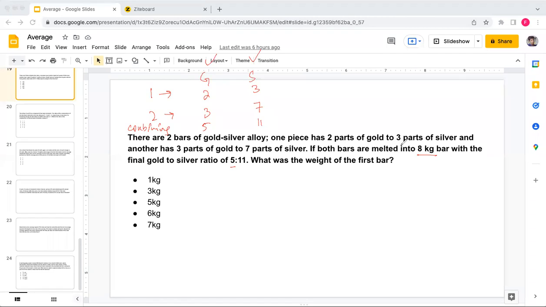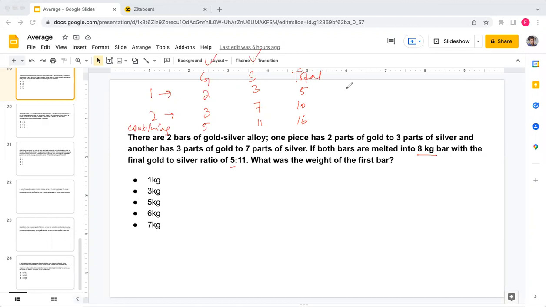What does this mean? Out of total 5, total 10, and total 16. Out of total 5 parts, you have 2 parts of gold and 3 parts of silver. In the second, out of total 10, you have 3 gold and 7 silver. If we melt both into a single one, that is 5 parts gold and 11 parts silver.